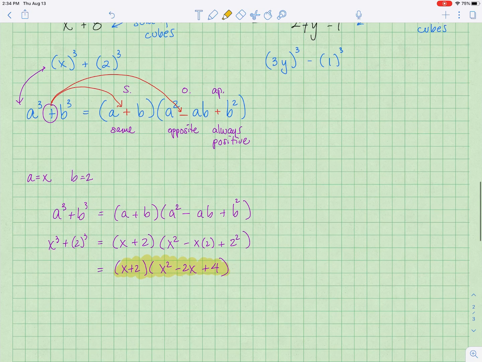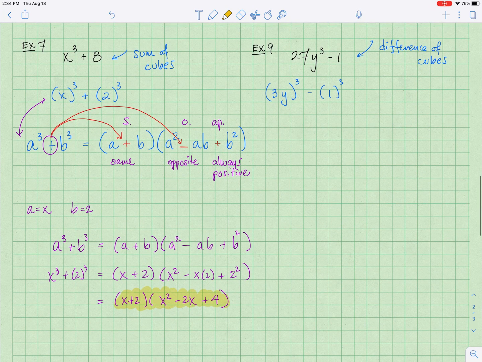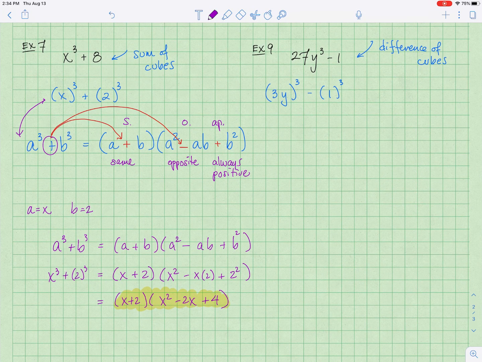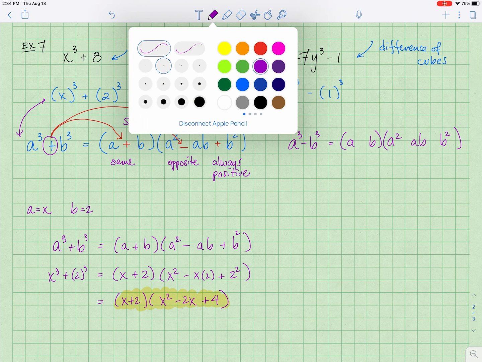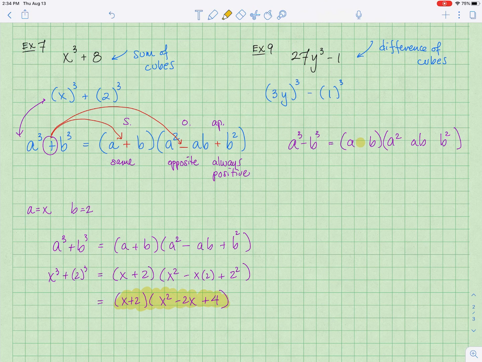Now, in a similar manner, up here for the difference of cubes, we have A cubed minus B cubed. And that's going to have that same format: A, B, A squared, AB, B squared. That's the format you want to memorize. And then same acronym in terms of our signs here.